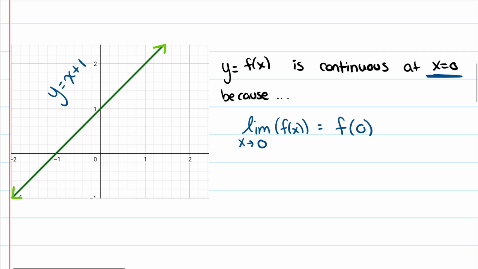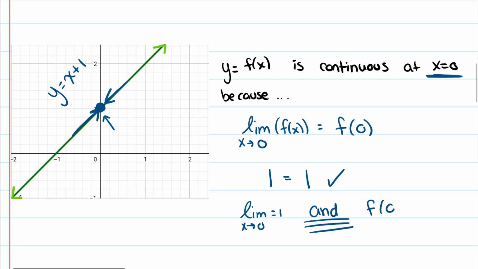Well, the limit as x approaches 0 of f of x is 1, and f of 0 is also 1. So the limit as x approaches 0 is equal to 1, and this is very important, f of 0 is equal to 1. You need both of those things to be continuous.